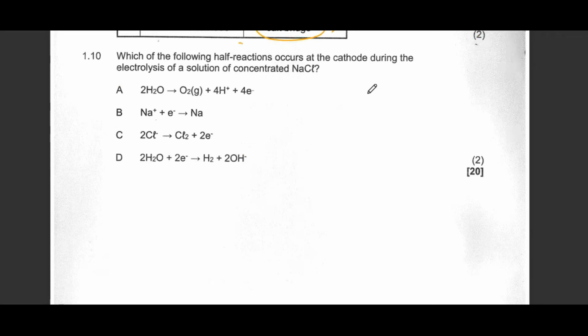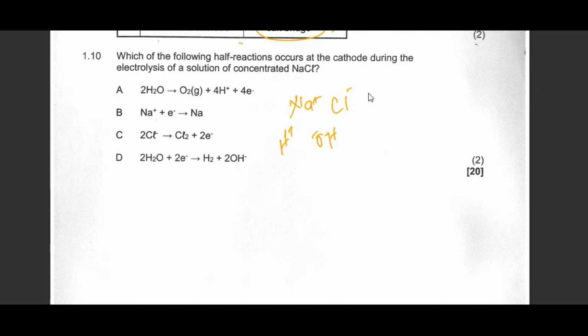So during the electrolysis of concentrated sodium chloride, you have different ions there, but some are preferred over the others. You have the positive, which is sodium, and then you have the negative, which is chloride, then you have the OH, then you have the hydrogen.